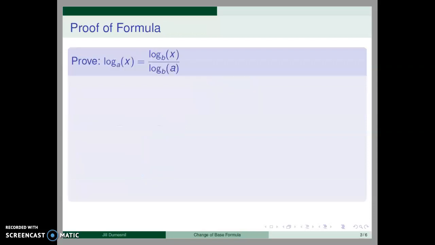Before we look at more complicated examples, let's consider the proof of the formula. In our solution, we're going to utilize the relationship between logarithms and exponents. Let's let m denote log base a of x, let n denote log base b of x, and let p denote log base b of a.